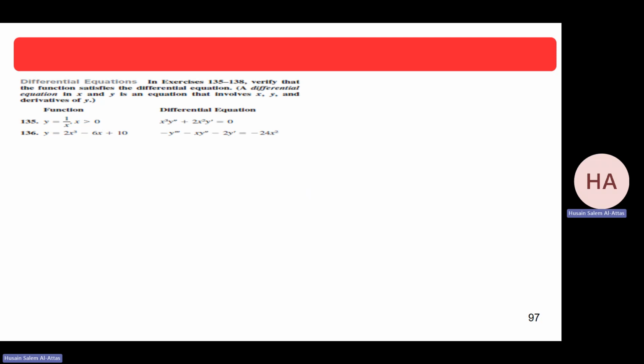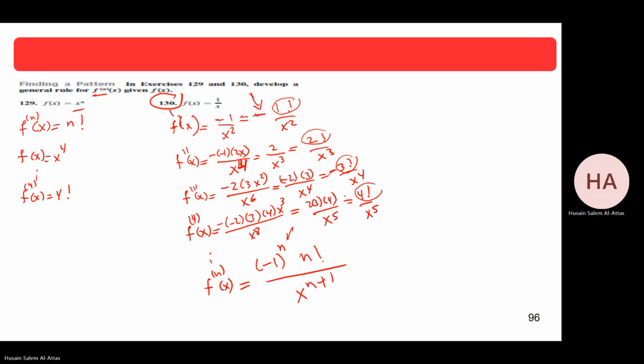Differential equations, we're almost at the end. He said to verify that the function satisfies this differential equation. So what I will do, I will find y prime. If we do it with y equal x to the power minus 1, I think it will be easier. Let me check.